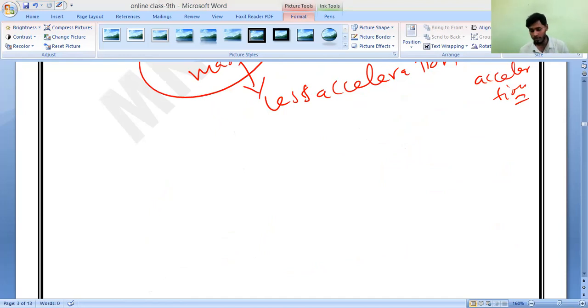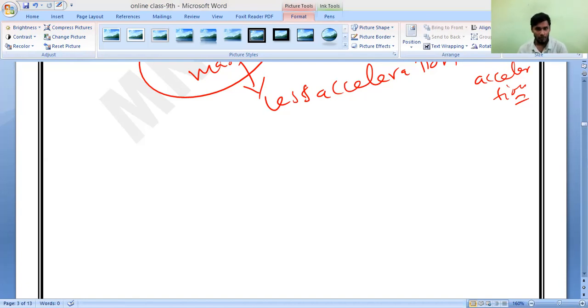So the acceleration produced will be more in the body having less mass, whereas the acceleration produced will be less in the body having more mass.